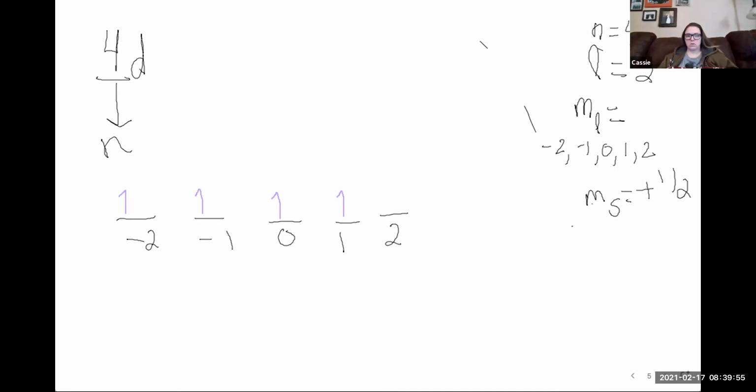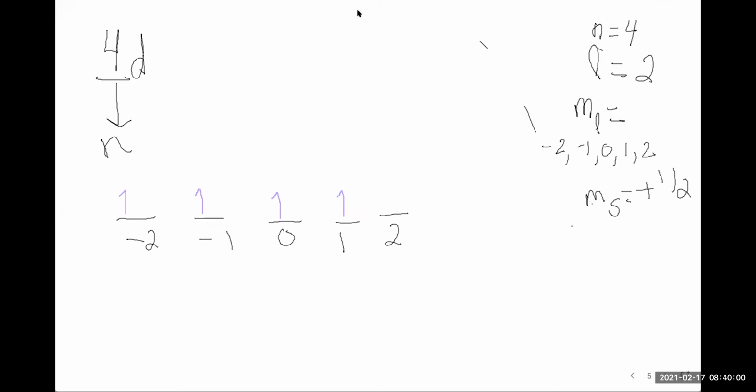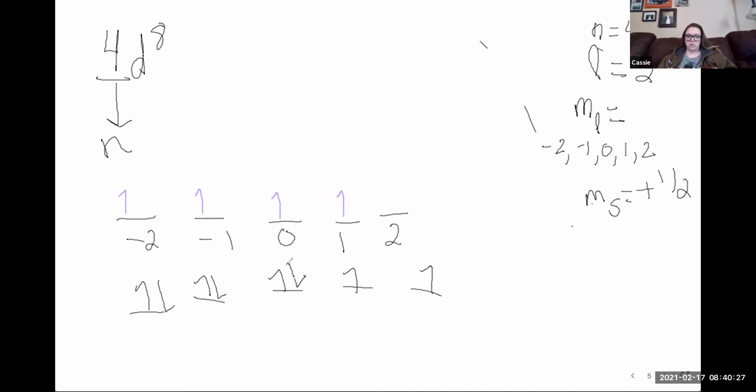Because let's say you have 4D8. We know that we have 8 electrons, so if we were to fill this orbital out, we would do 1, 2, 3, 4, 5, 6, 7, 8.